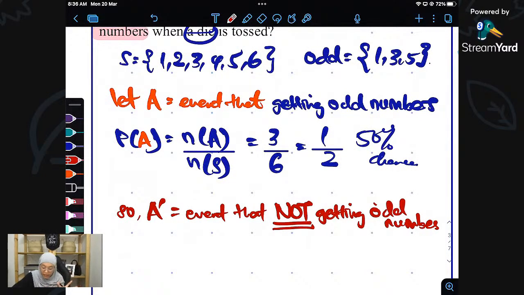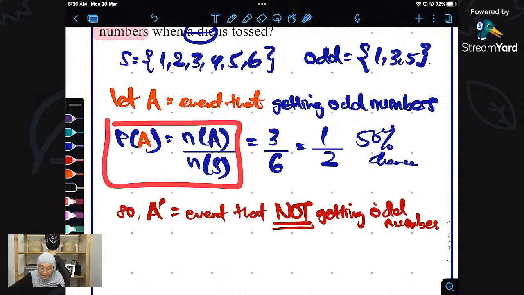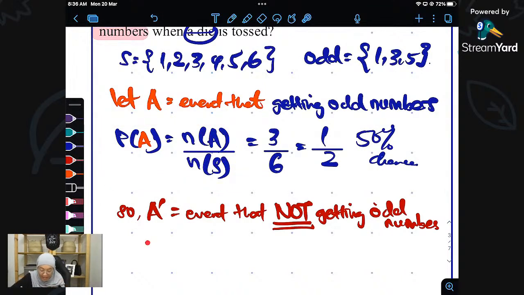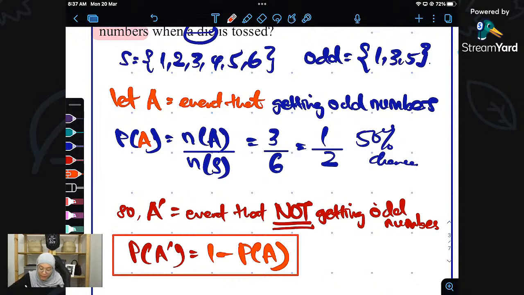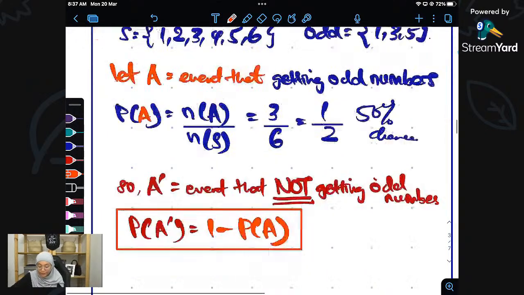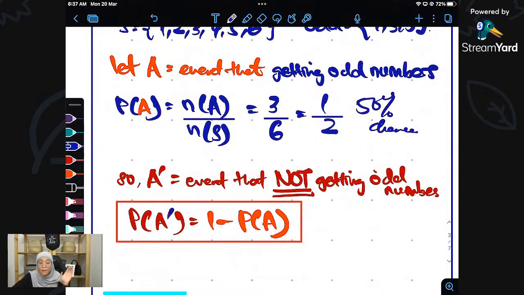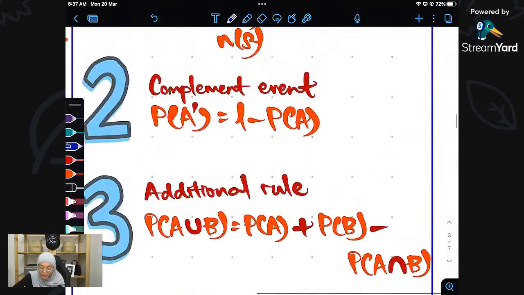Therefore, we have a formula. We do not need to go through this long formula. We have another very interesting formula, which is the probability of A prime is actually 1 minus the probability of event A. This is a formula that you have seen before in your school. Okay, A prime is the complement event. We call this complement event.